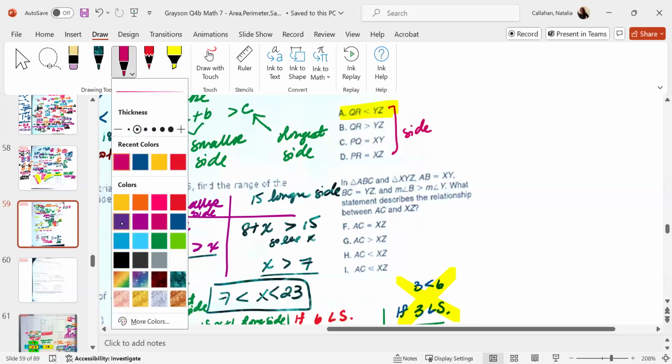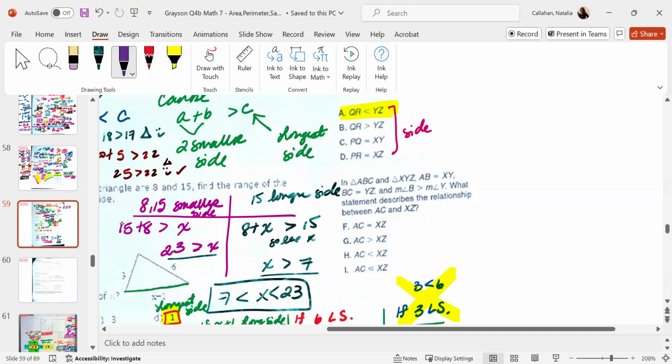Last one, go ahead. Angle A, B, C and angle X, Y, Z. AB is equal to XY, BC is equal to YZ, and angle B is greater than angle Y. Well, let's try to draw this. A, B, C. That's the first one.